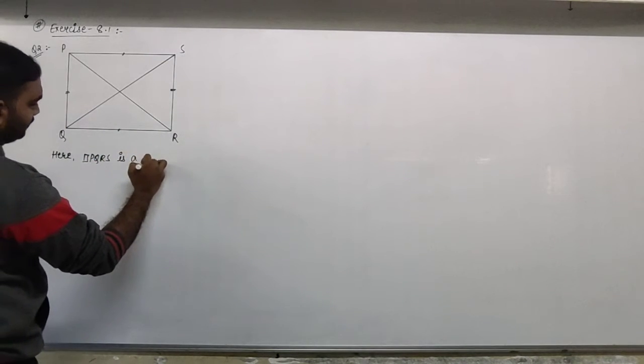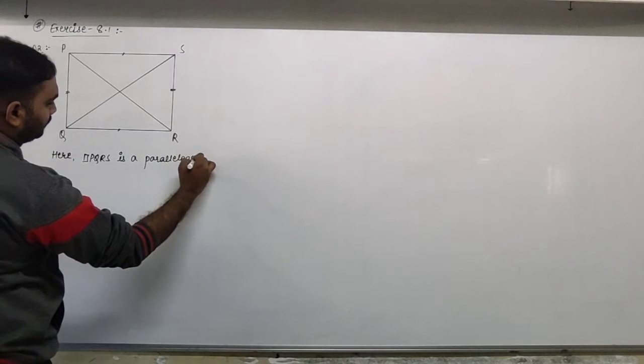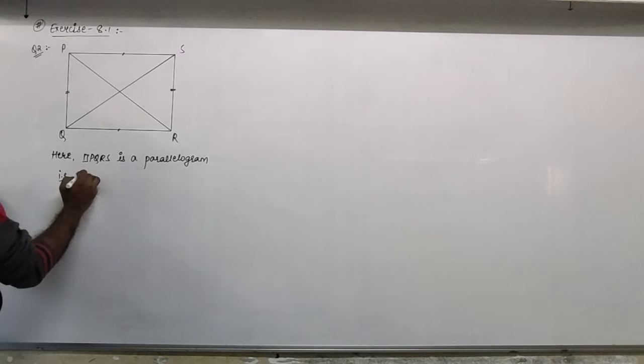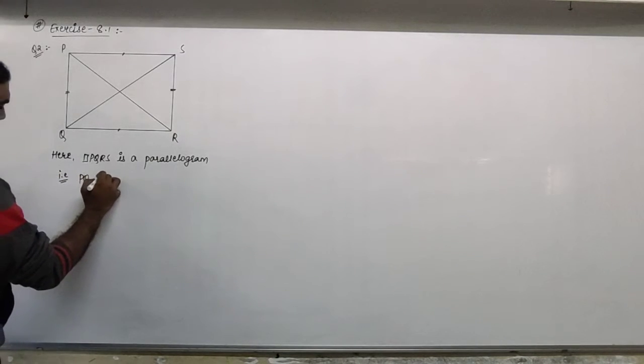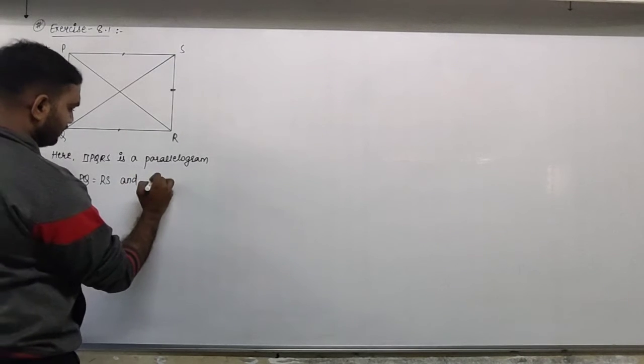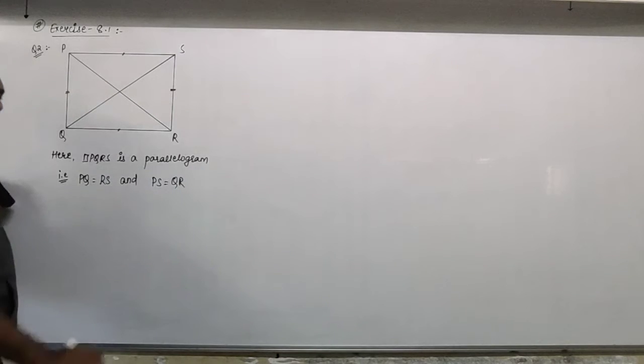PQRS is a parallelogram, that is PQ equals to RS and PS is equals to QR.